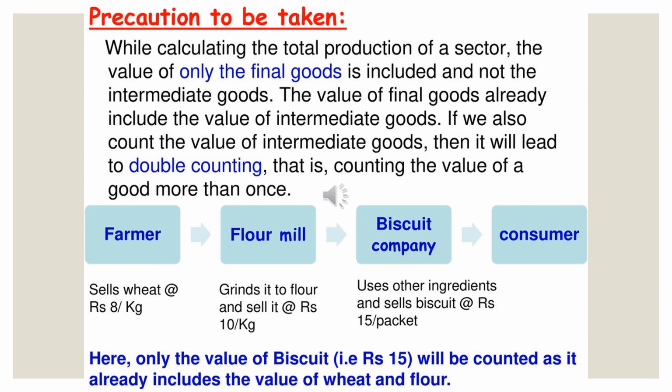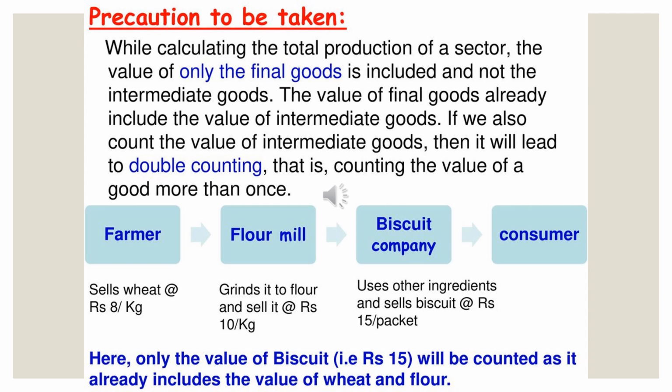Now here again the example we saw in the previous slide, that the packet of biscuit is the final product. Suppose that packet of biscuit is costing rupees 15, so that rupees 15 is also including the cost of the farmer, the rate at which he sold the wheat to the flour mill.